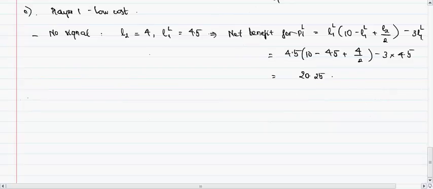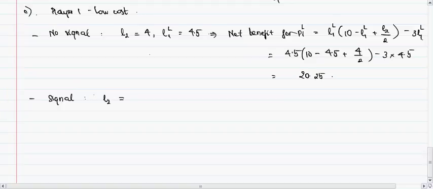Okay, now if player 1 decides to signal player 2 that he is a low cost person, so he's sending a signal to player 2 to identify that he is a low cost person, then player 2 is going to respond to the fact that player 1 is a low cost.